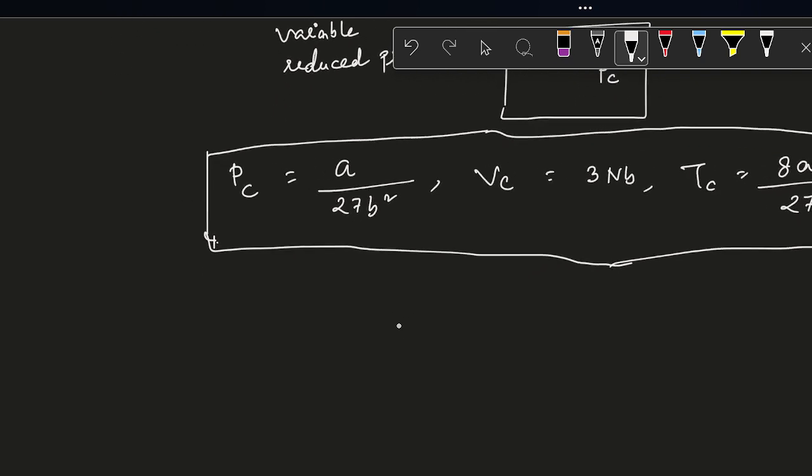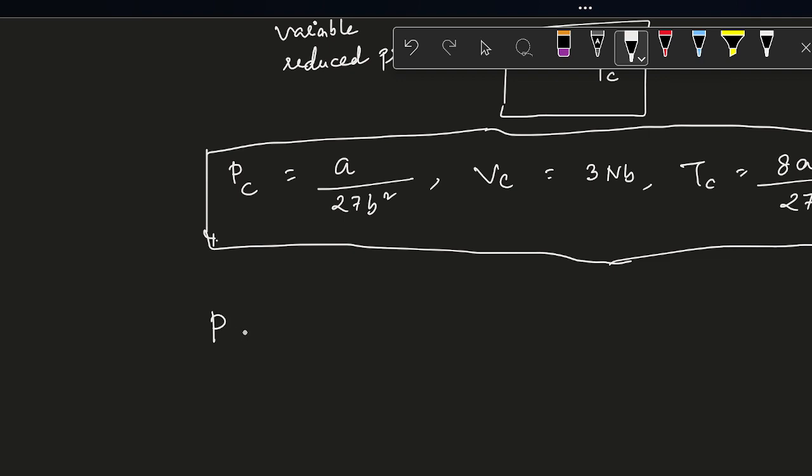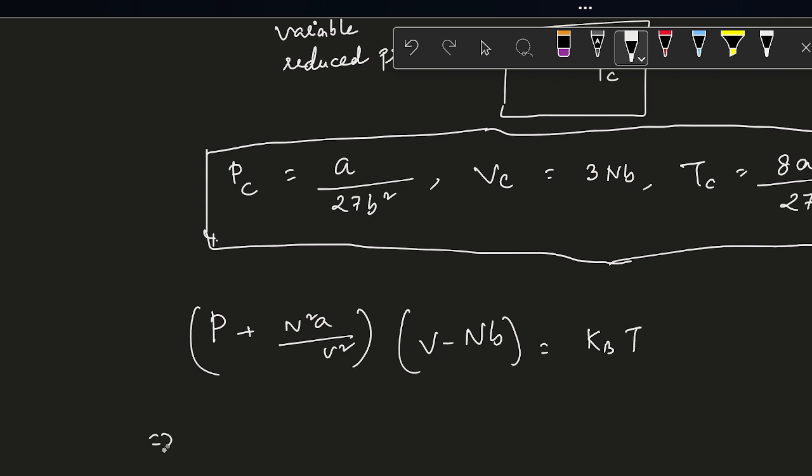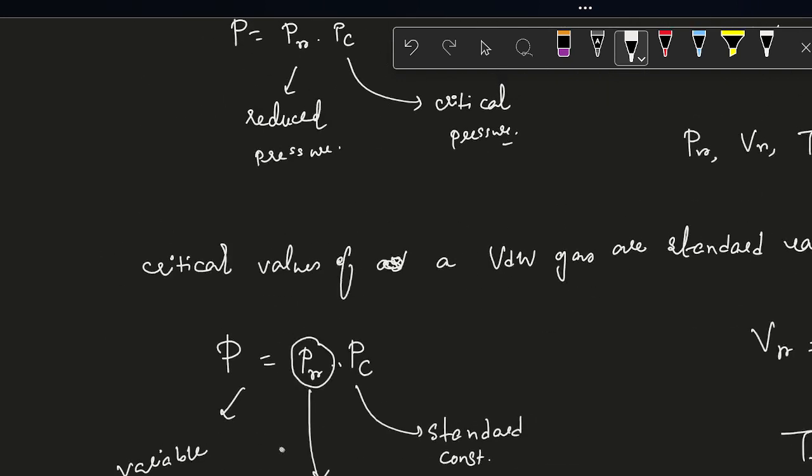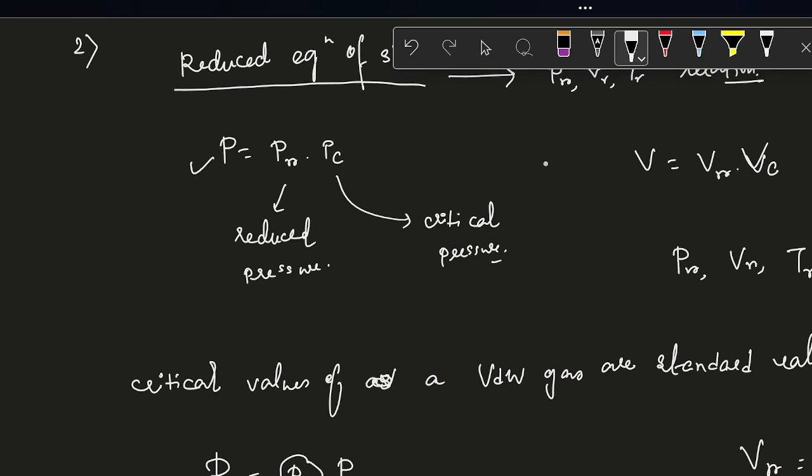Anyway, once we know that, we know our actual van der Waals equation of state was (P plus N squared A by V squared) times (V minus NB) equal to KB T. Now we will replace P as PR into PC, as I said these can be represented like this: P equal to PR into PC, V equal to VR into VC, and T equal to TR into TC.